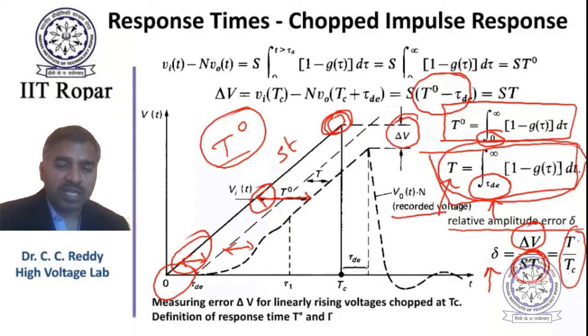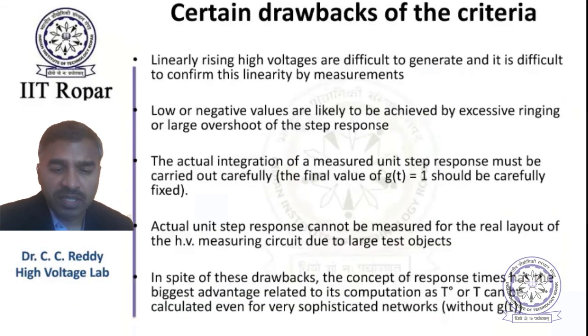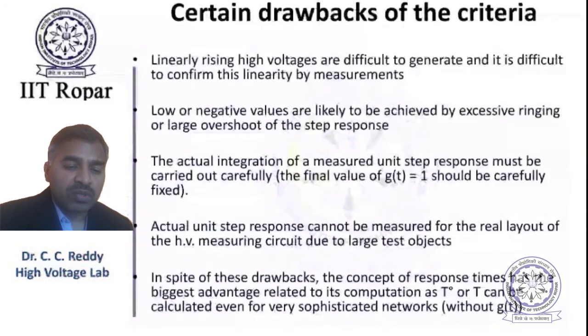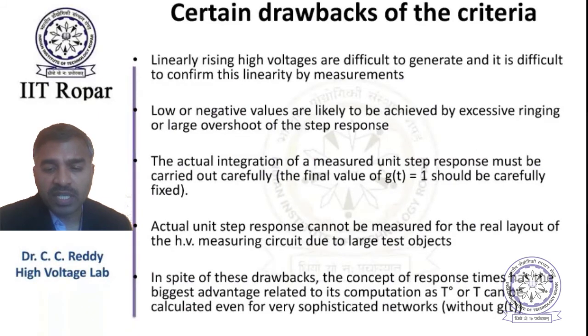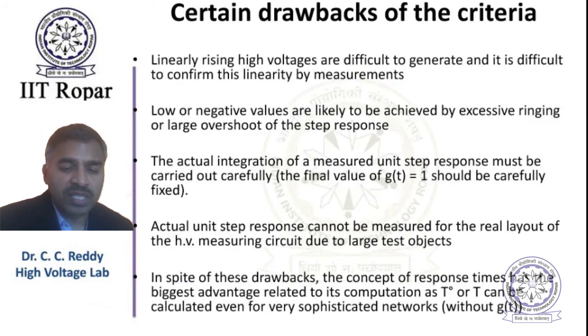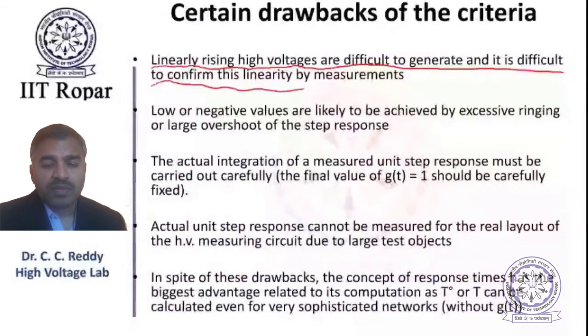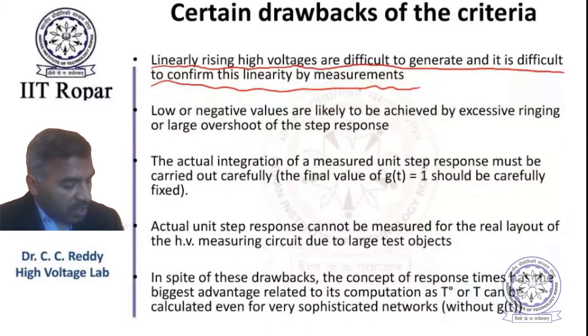Of course, there are certain drawbacks for this criterion, because linearly rising high voltages are difficult to generate, and it is difficult to confirm this linearity by measurement. Normally the rising voltages may have a lot of oscillations, and sometimes due to ringing, the measured T may even become negative.